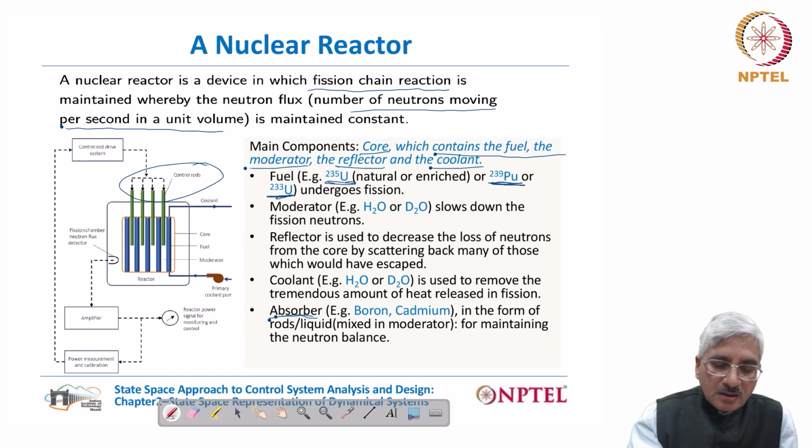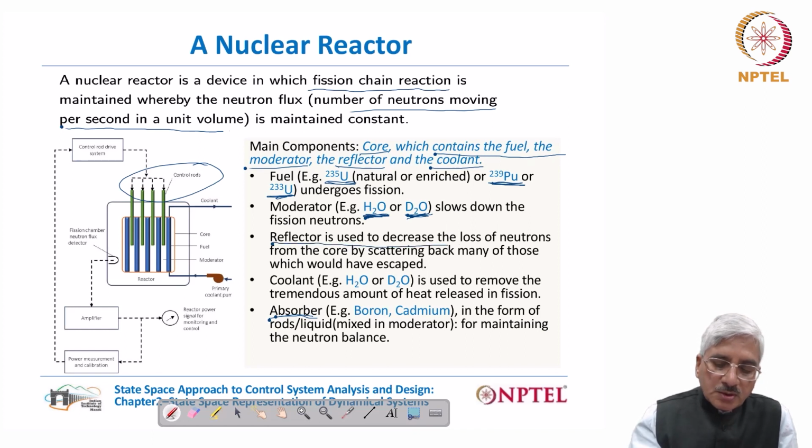Moderator is generally light water or heavy water. This D is another form of hydrogen which has a proton, a neutron and an electron. H has only a proton and an electron, it doesn't have any neutron. So D is heavy hydrogen and so D2O is heavy water. So moderator can be light water or heavy water. In some other reactors it can be beryllium, etc.